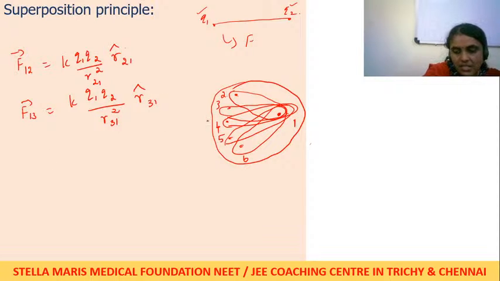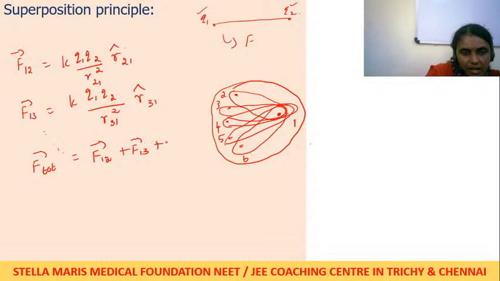Here we have considered 6 charges, but it goes for n number of charges. So the total force will be equal to F12 vector plus F13 vector plus F14 vector plus etcetera up to F1n vector, because n number of charges are present. K is constant in all the terms.